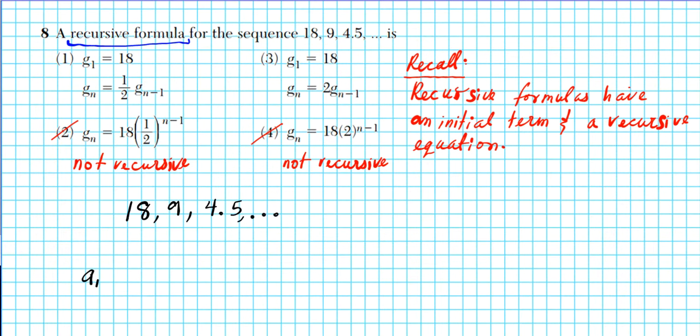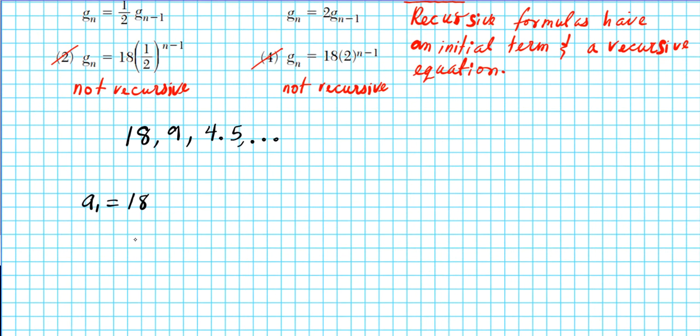So a1 is equal to 18. Both of them have an a1 that's 18 and 18, so that's a check. What's going to distinguish them is the growth rate. This one grows by repeatedly multiplying by 1/2, and this one grows by repeatedly multiplying by 2. So which one do you think is correct?